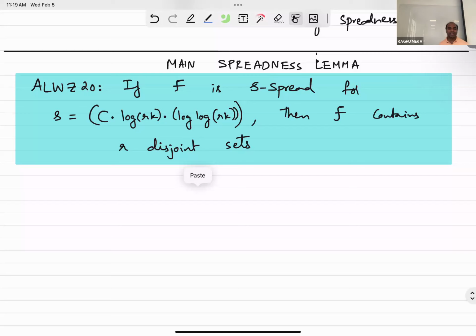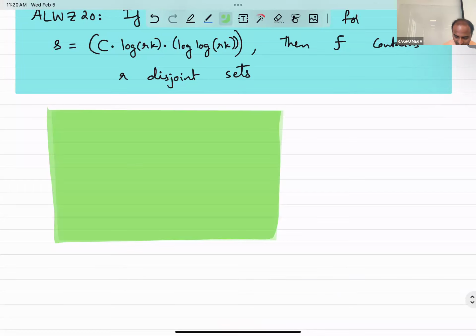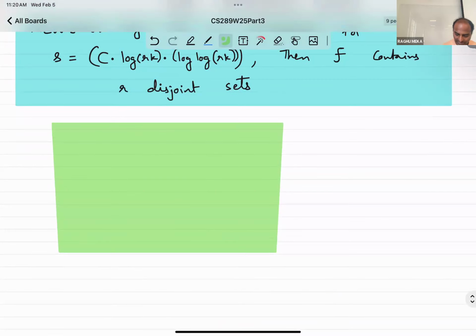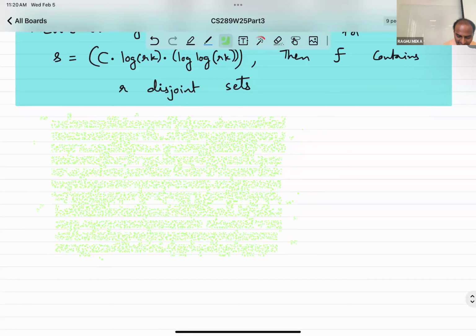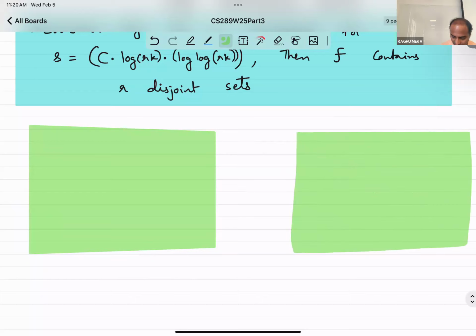Okay. So one intuition to keep in mind, and it's a very vague intuition, is sort of draw two mental pictures of a family of sets which is spread and a family of sets which is not spread.